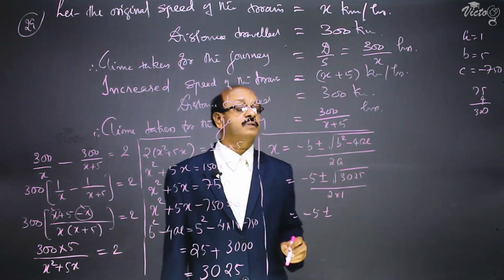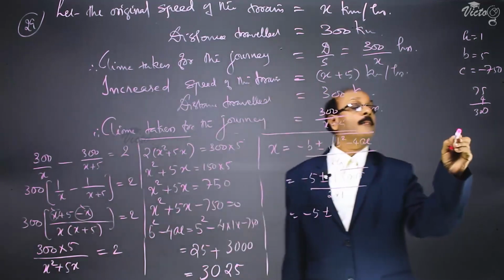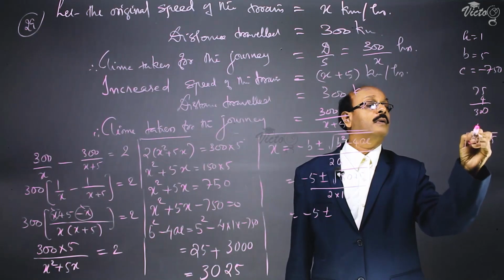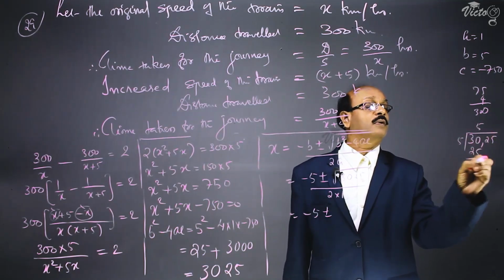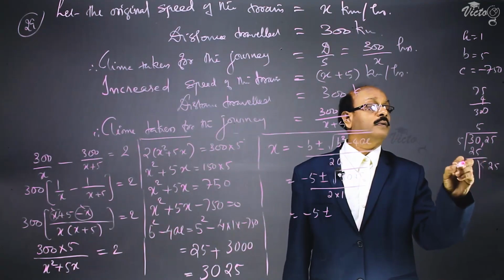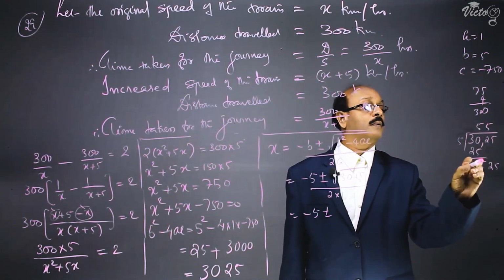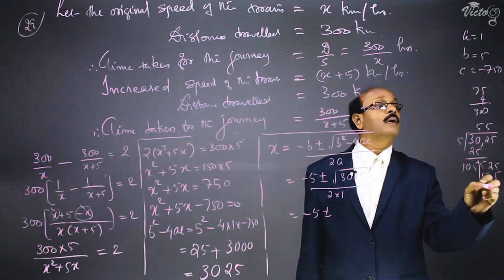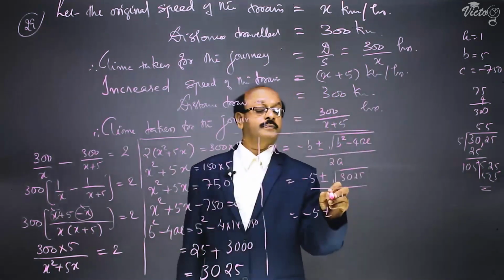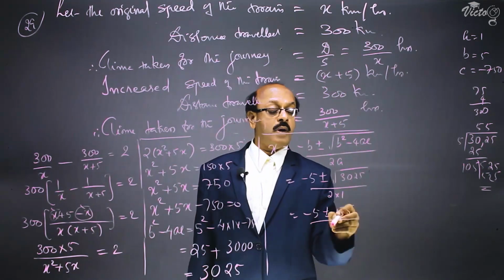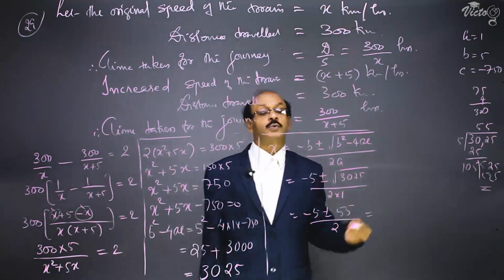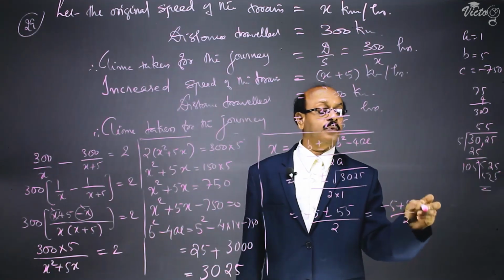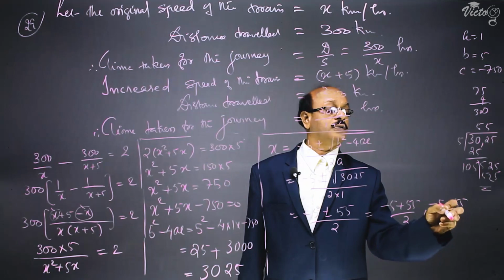The root of 3025 is 55. Now we are going to split it into two terms: minus 5 plus 55 by 2, and minus 5 minus 55 by 2.